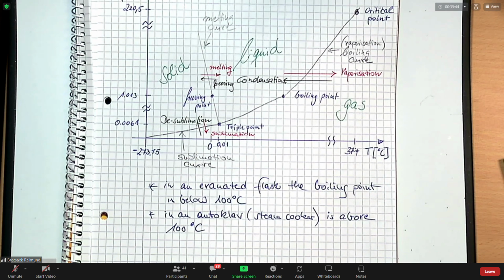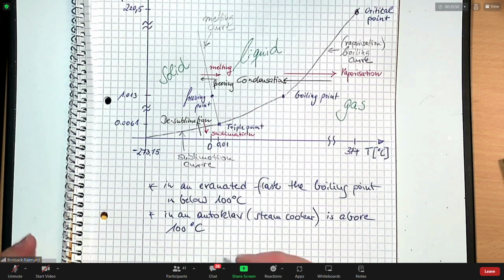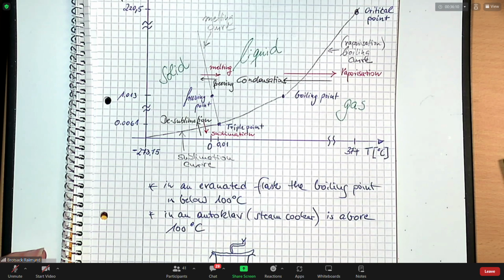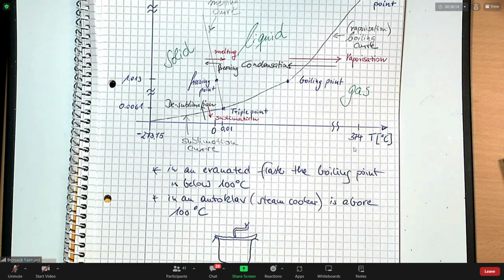So heating up the water in the steam cooker, what happens? We have our steam cooker, which is now closed, airtight. And we have here a kind of valve for when the pressure is getting too high, so that there is no dangerous situation.